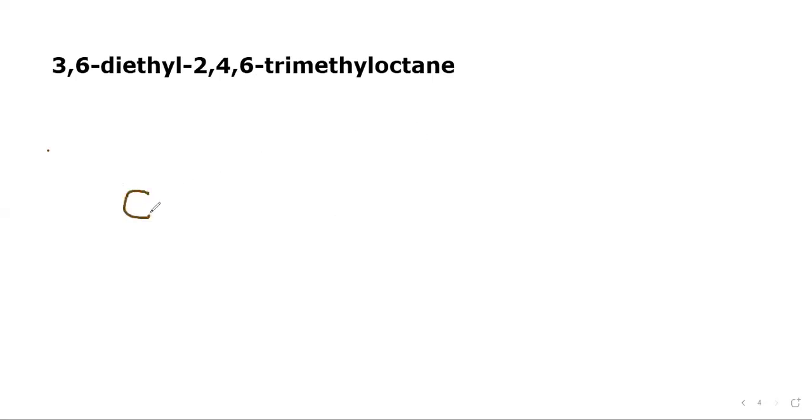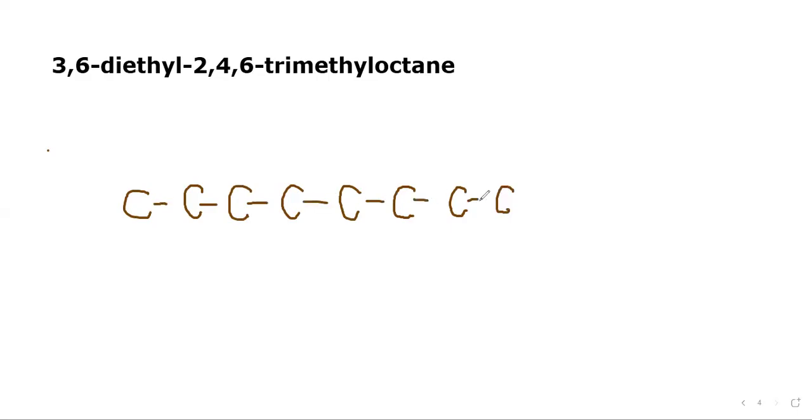Let's start there. 1, 2, 3, 4, 5, 6, 7, as well as 8. So that is an alkane with 8 carbon atoms. Why? Because it's an octane.